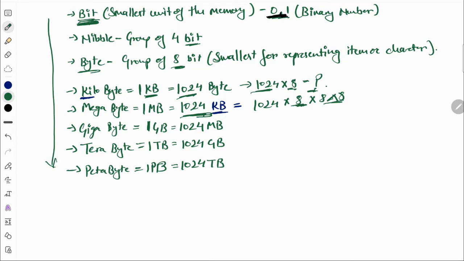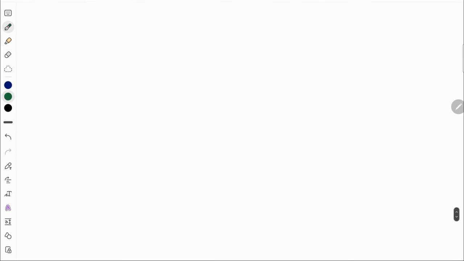So this is the order of increasing. I will tell you again: bit, then byte, then KB, MB, GB, TB, PB.